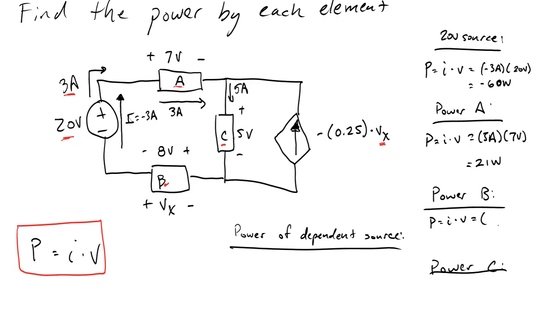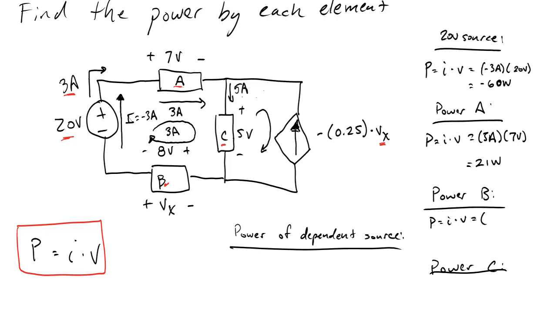What's I here? Well, we know that the current in a loop is going to be the same. This B element is in the same loop as this 3 amps, so 3 amps is going around this entire loop. Don't get confused here: C is part of 2 branches, a branch over here and a branch over here.